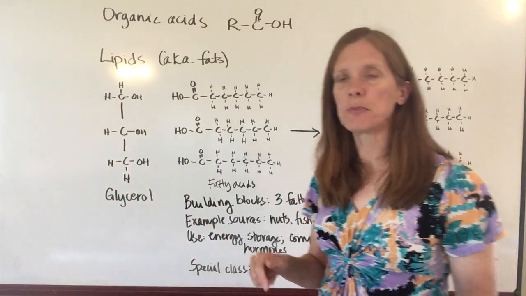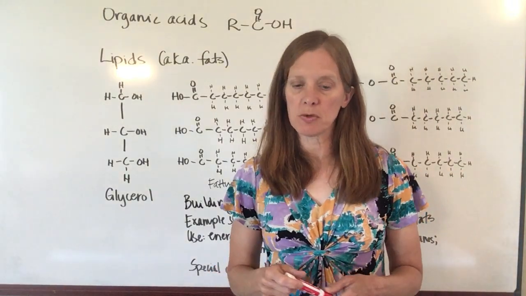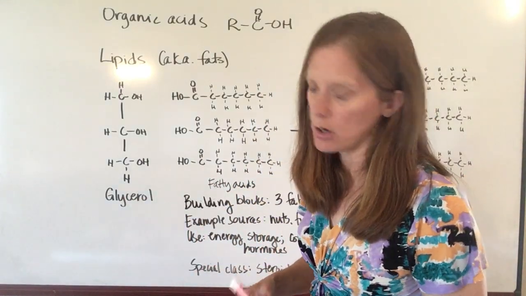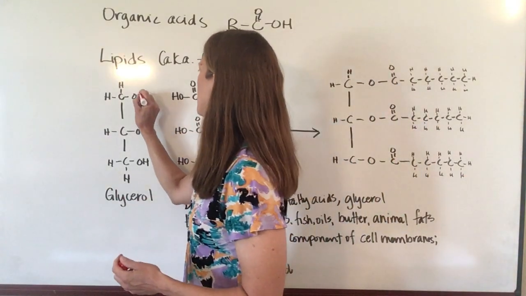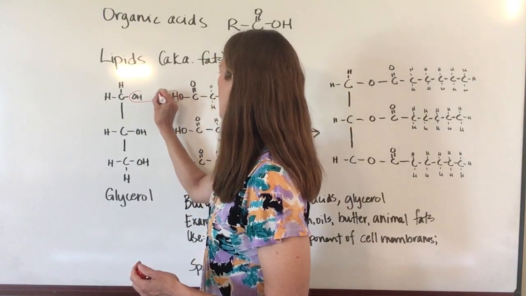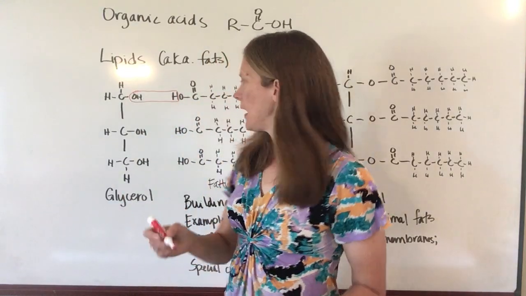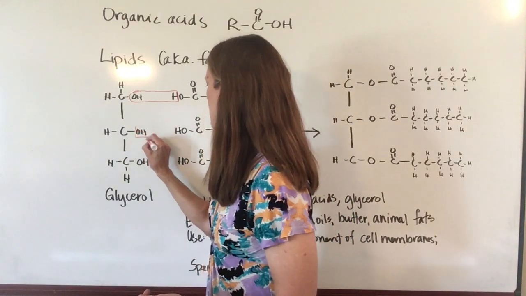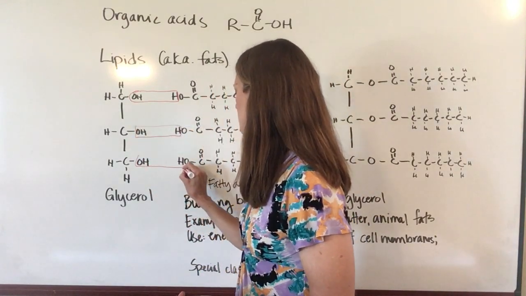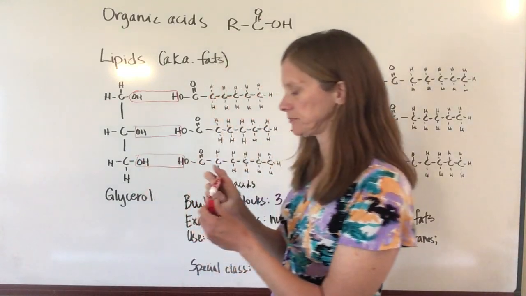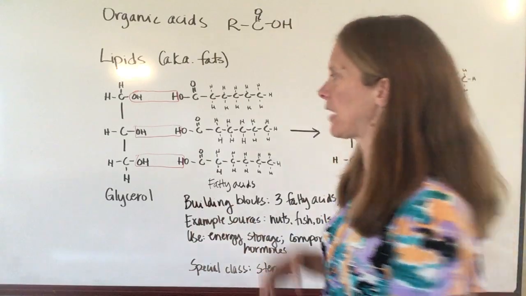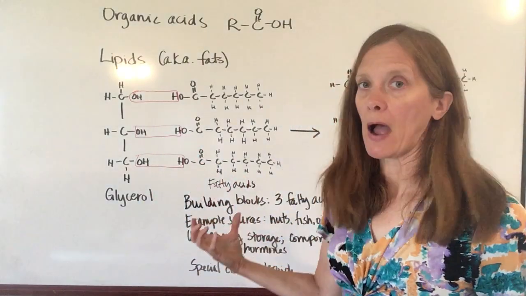Now, just like before, when I showed you a dehydration reaction, it works exactly the same way here. So this OH is going to combine with this hydrogen over here, and this OH will connect with this hydrogen, and this OH will connect with this hydrogen. And just like we did the other day, we slurp them out of there, pull that water out.